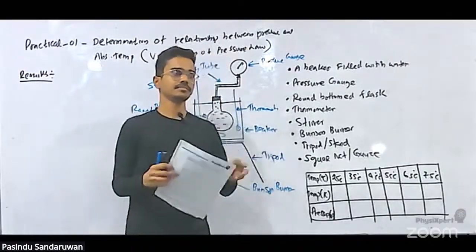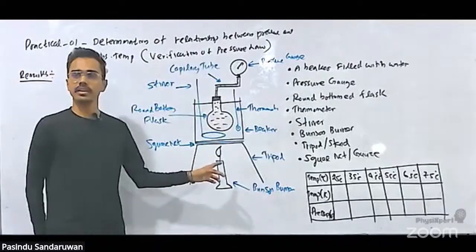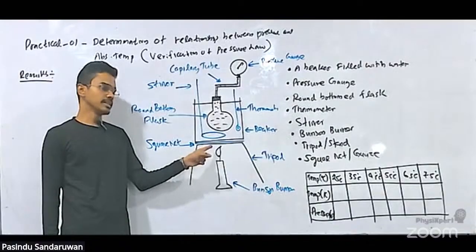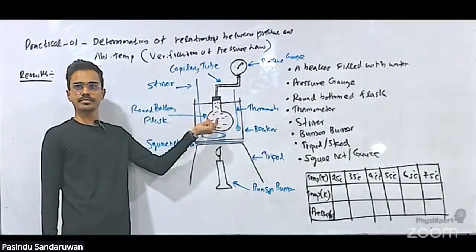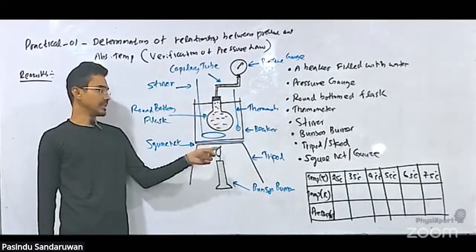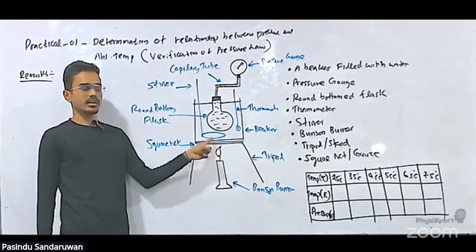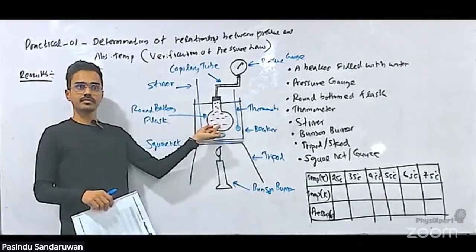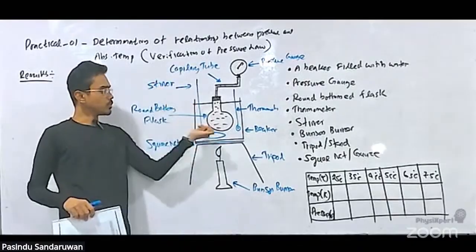Right, first thing, listen. When we heat with a Bunsen burner, the heat is not immediately acquired by the gas. It takes some time. The heat is first acquired by the wire gauze here, and then by conduction the beaker, and then the water inside.